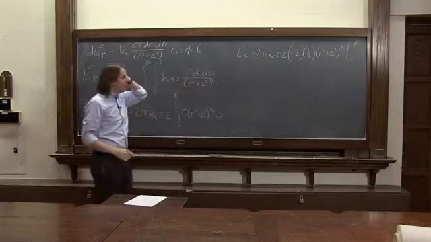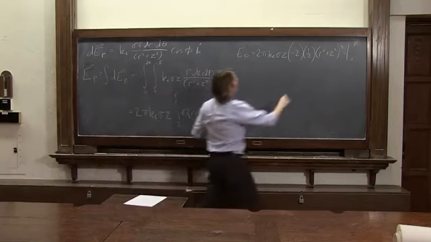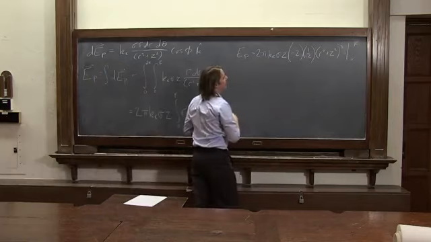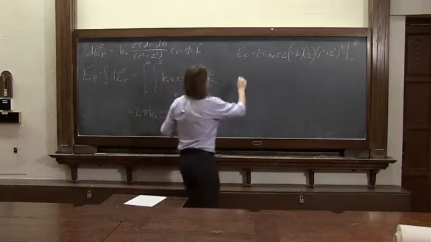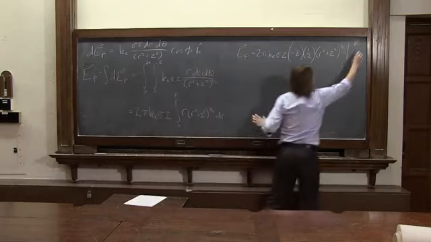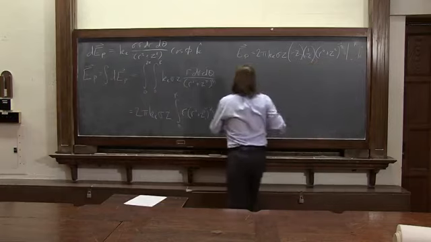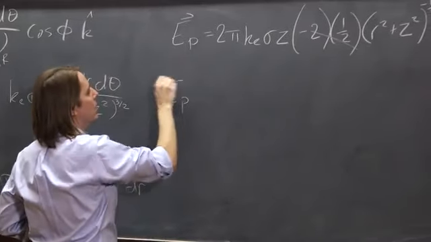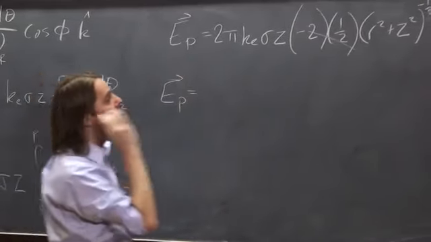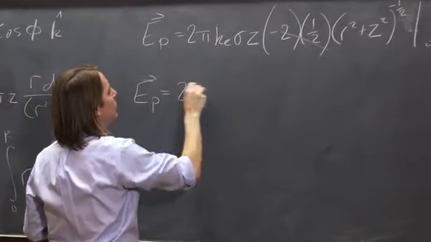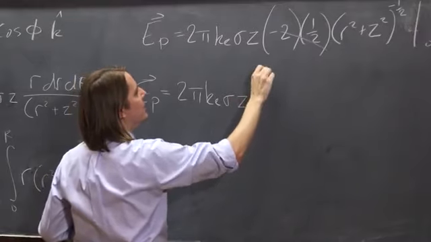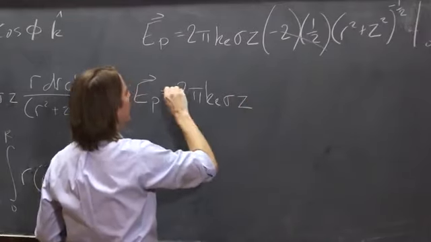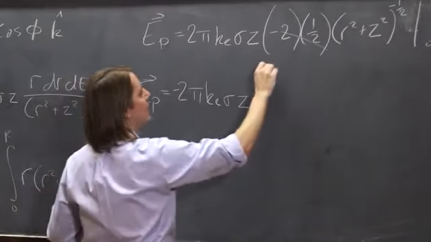Okay? So we can simplify a little bit. Those 2's go away. It leaves a negative sign sitting there, which is along for the ride. So E, and of course it's in the k direction. So E_P equals, let's keep our constants as many as we can out, 2 pi Ke sigma z. And those 2's went away. We pull the negative out like that.